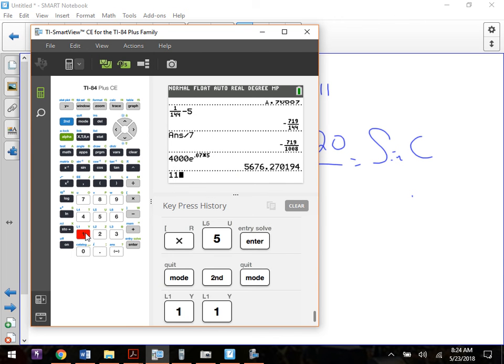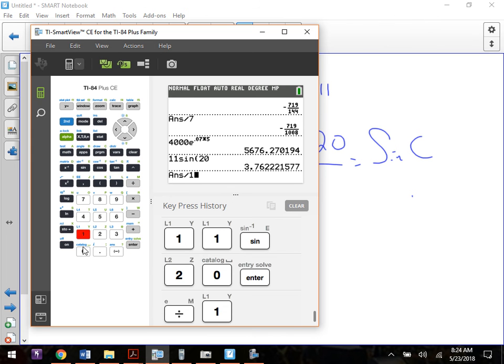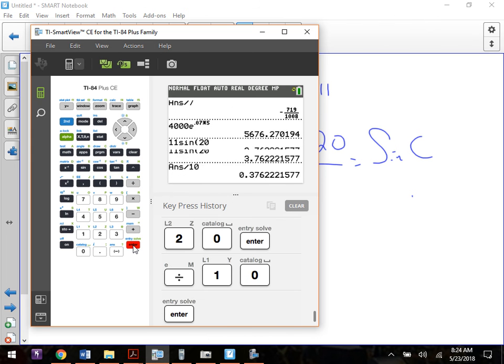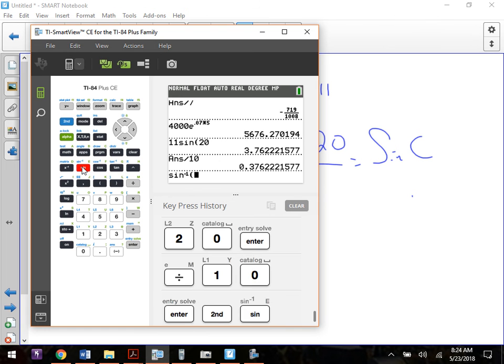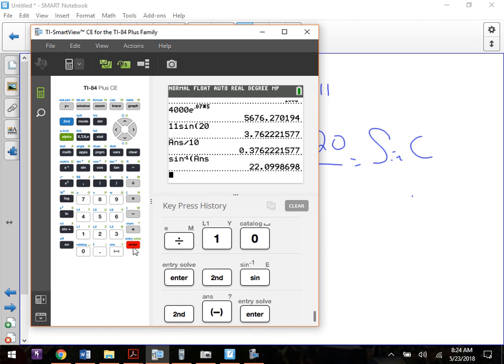It's 11 sine of 20 divided by 10, then second sine of my answer. And C is giving me an angle of 22.1. You okay with that? So the first angle that I have for C is 22.1.